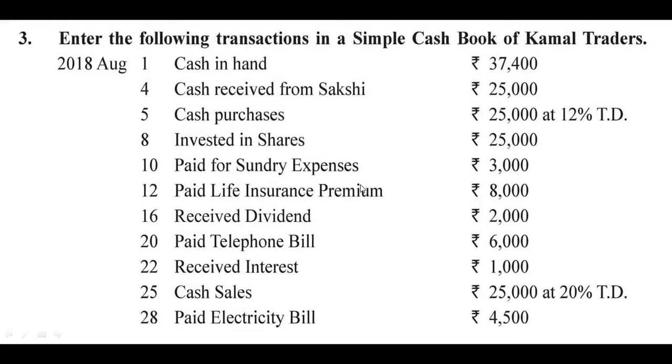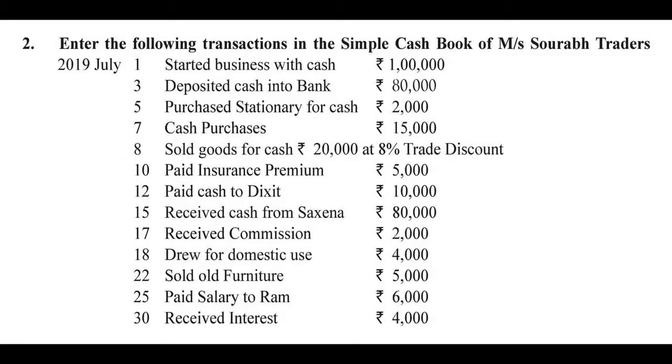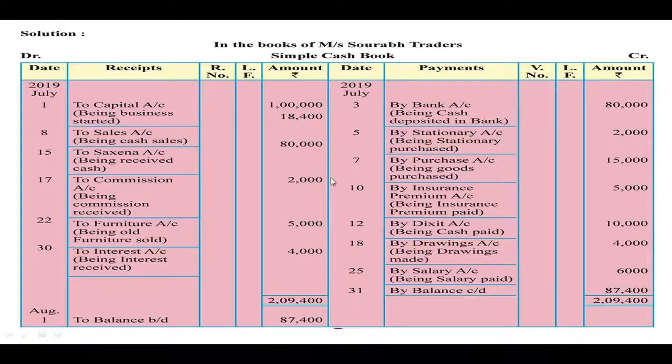Now in the previous question also there was one transaction here, 10th July, paid insurance premium. Now here the word life is missing. It is only given that paid insurance premium. It means it is for the business. So that is why while recording this transaction, we have used the same words, on 10th July by insurance premium account.